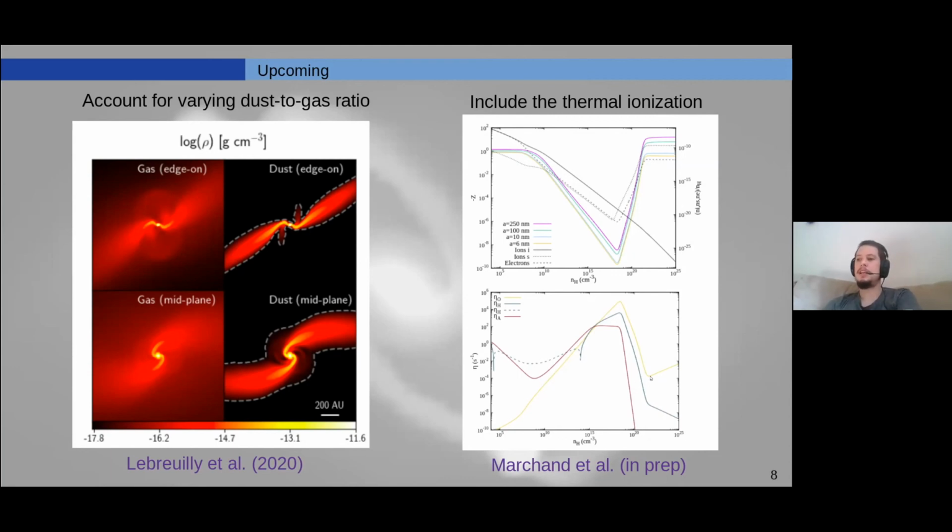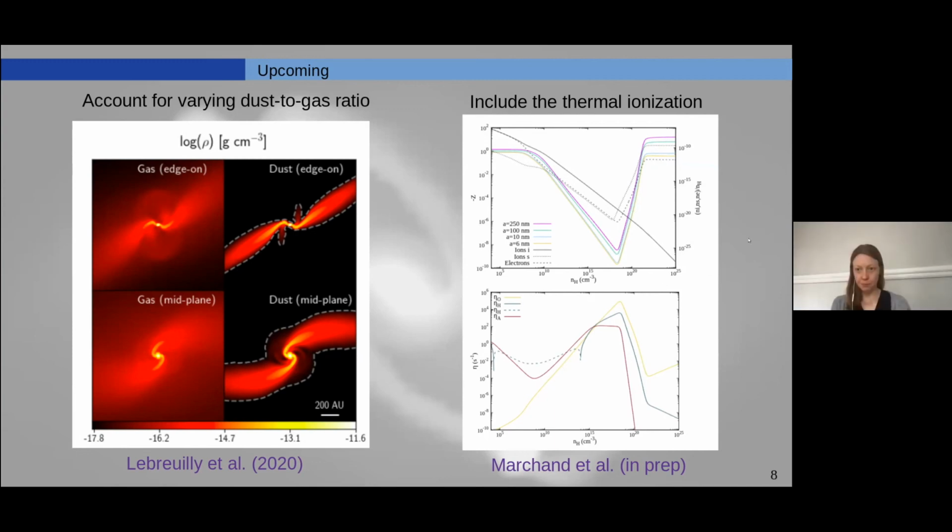So it's important to include the thermalization to have a better description of the system and to describe the transition between non-ideal MHD environments to almost ideal or fully ideal MHD environments, like in the second Larson core in the protostar.